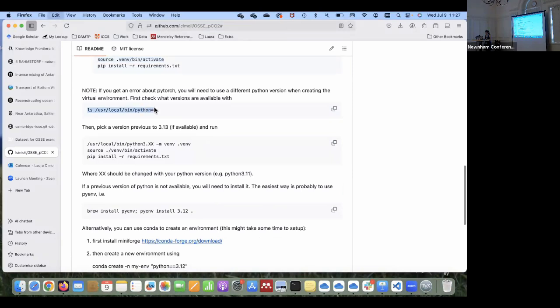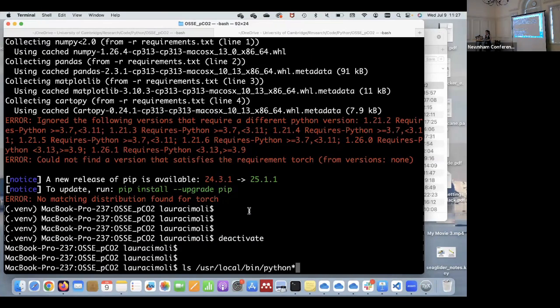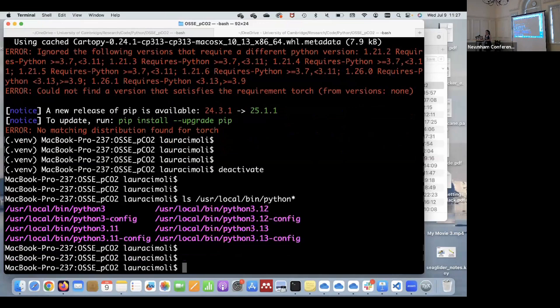So you can just do that, which is everything is in the repository. In my case, I have 3.11 and 3.12 as well. So you want to use a version up to 3.11 or 3.12, so less than 3.13, which is my default version, the one it was trying to use when creating a virtual environment, and that gave the error.